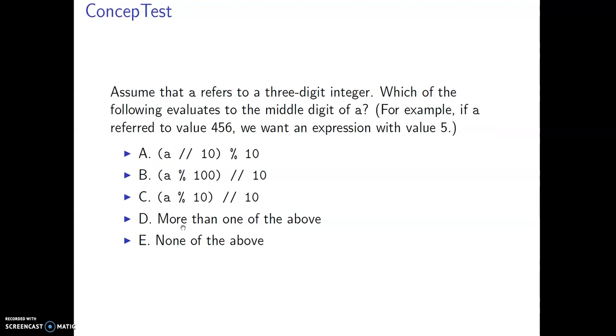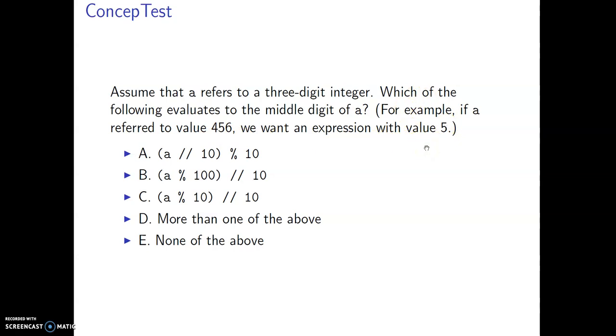So let's think through this, make sure we understand this conceptually. Assume that A here refers to a 3-digit integer. Which of the following evaluates the middle digit of A? Take a moment. Here's a little hint.